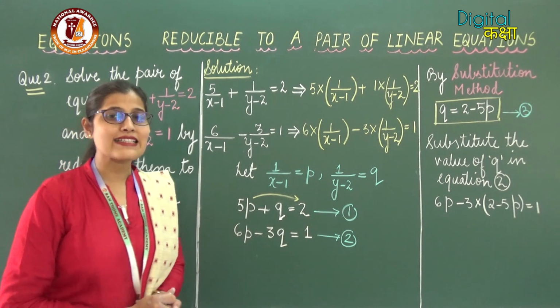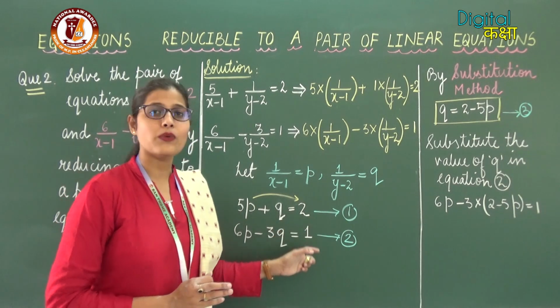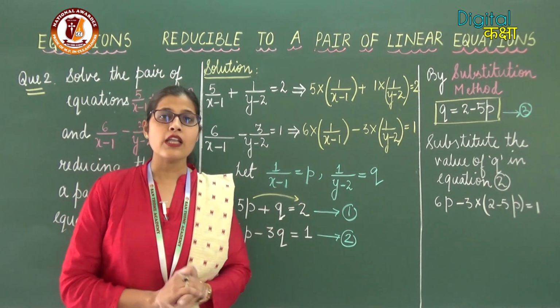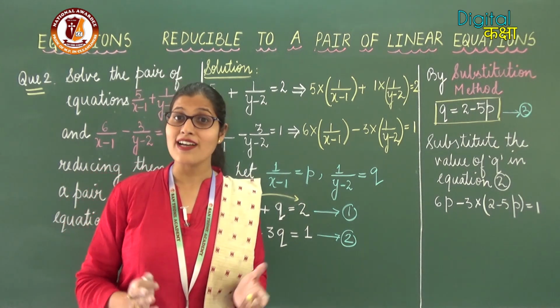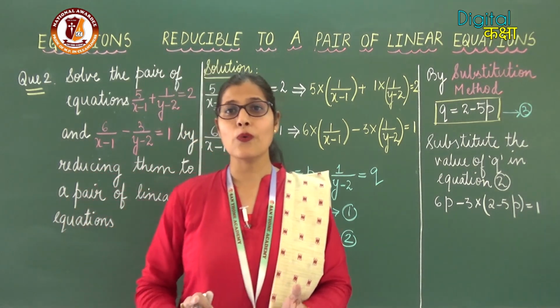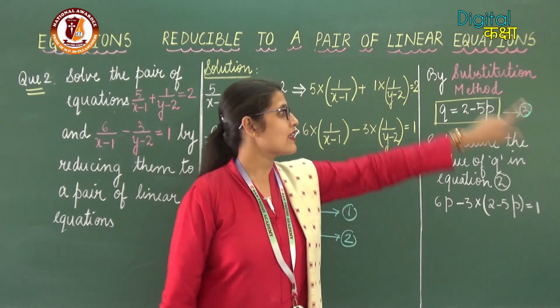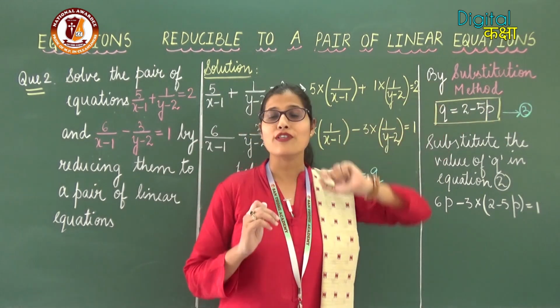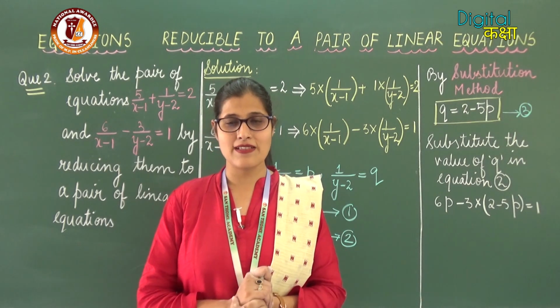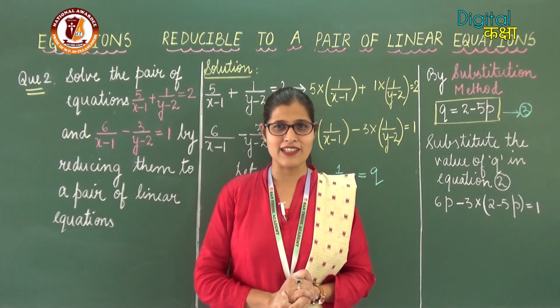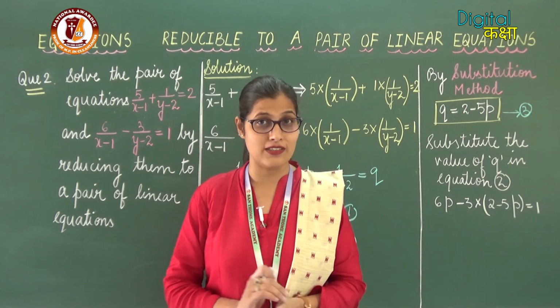We will mark it as equation 1 and equation 2. Now, we need to solve both the equations to find a solution. So, here I will be using the substitution method of solving the pair of linear equations, as you all are very clear with the substitution method.